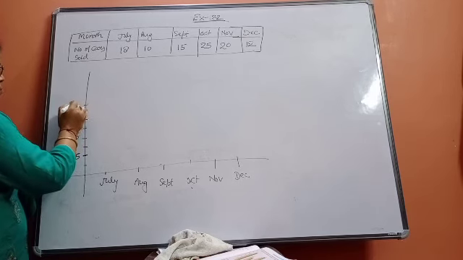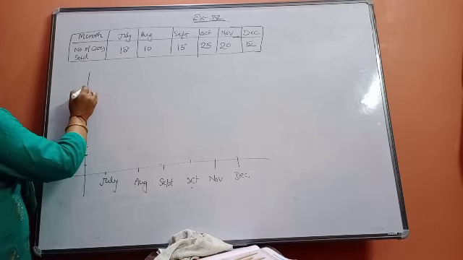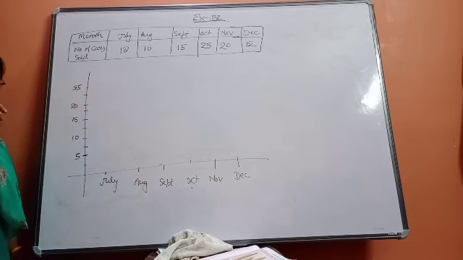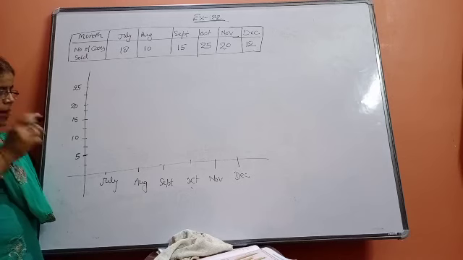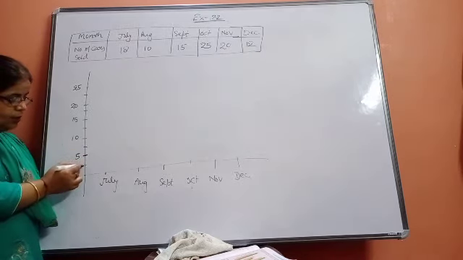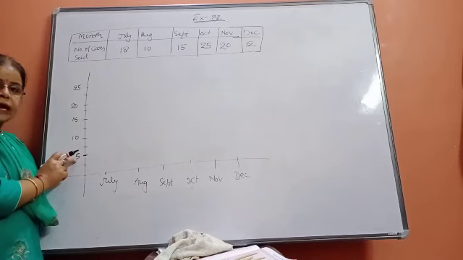Maybe you have understood how I am saying. I have considered the first box and then the second box at 5.